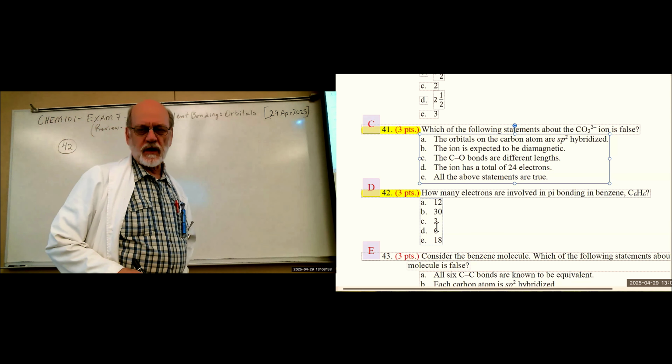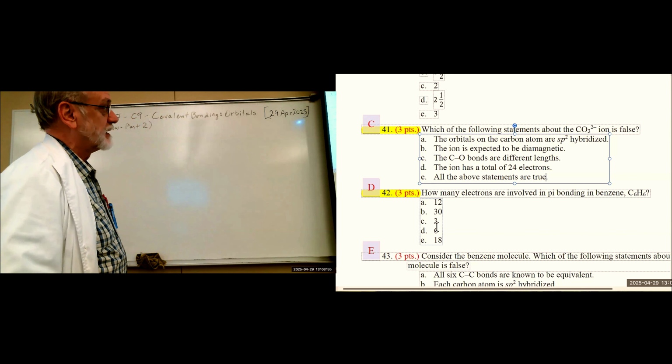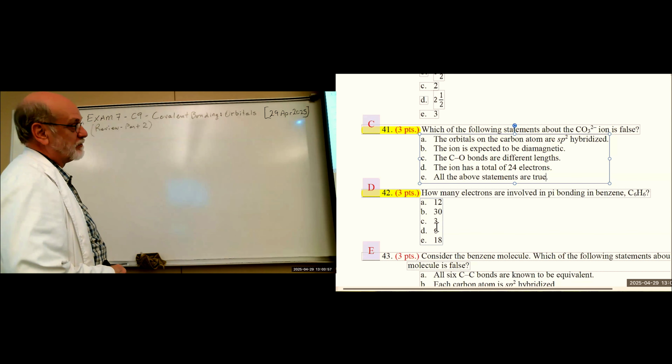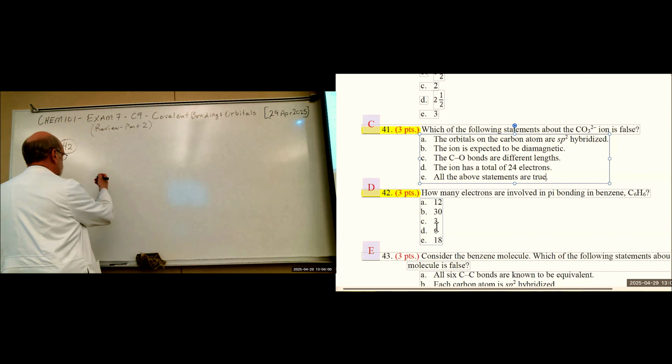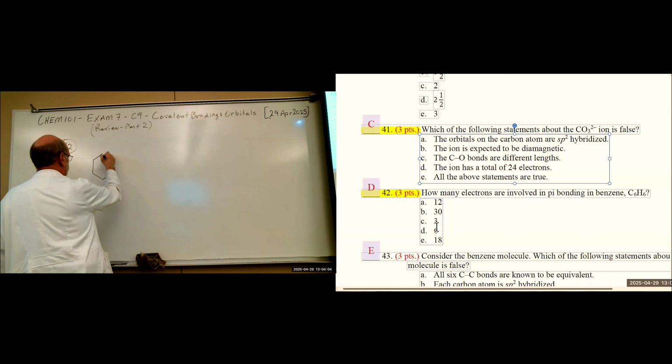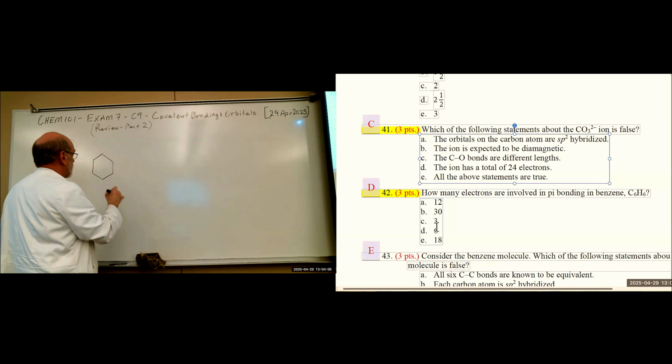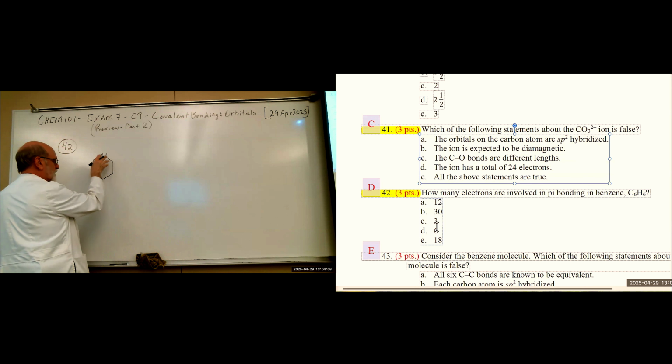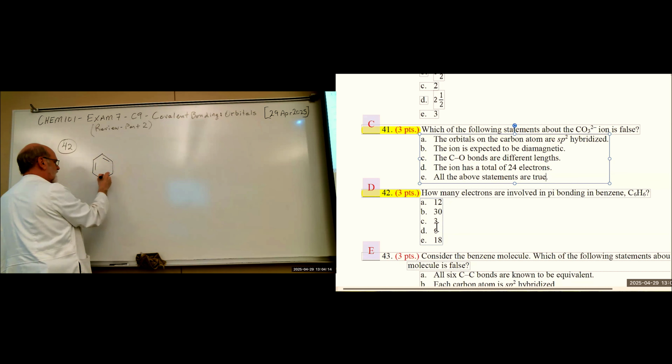How many electrons are involved in pi bonding in benzene? Okay, so you've got a sigma bond between each one of those carbons. Sometimes we write it like this, that, and that.